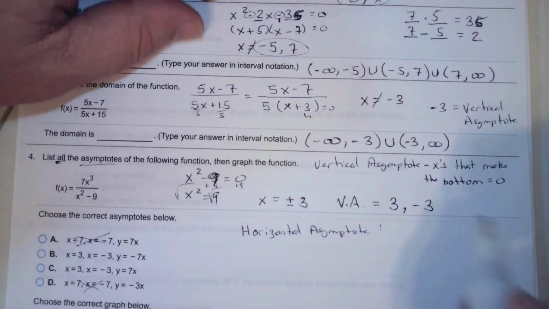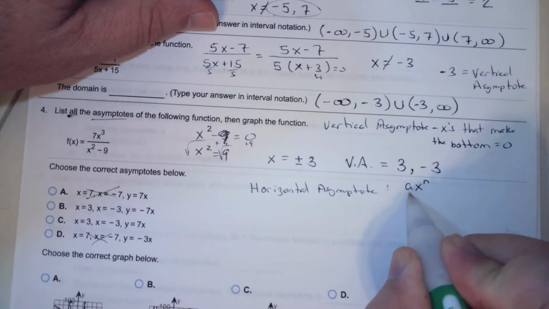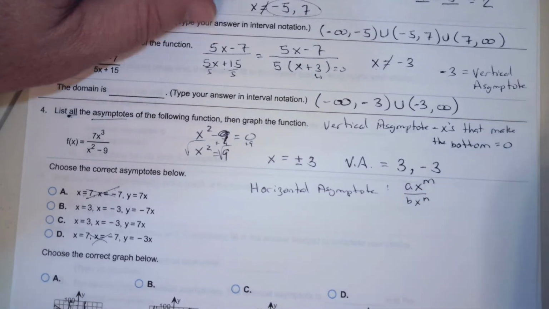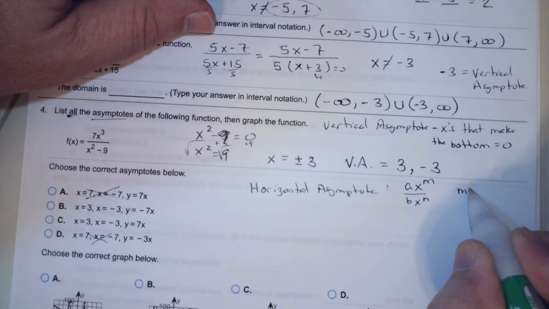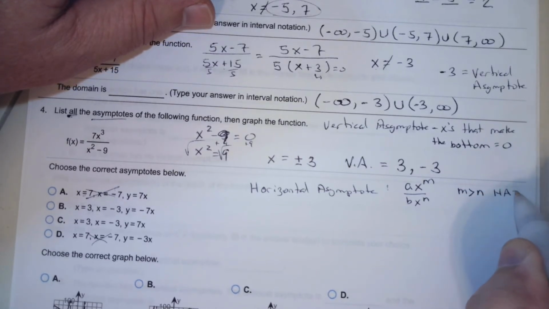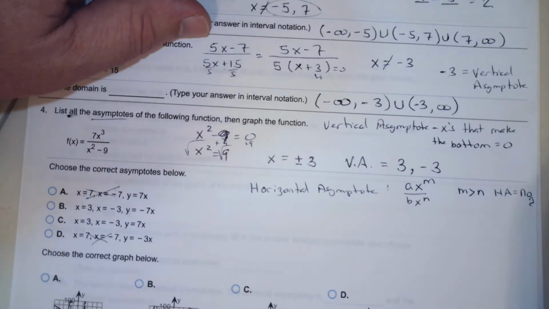Remember for your notes, it all depends on the exponents of the leading term. If the top is bigger than the bottom, then there's no horizontal asymptote.